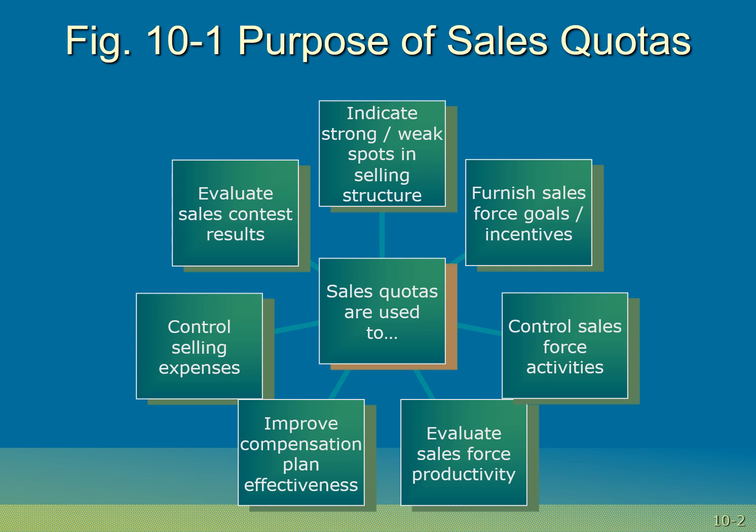Your company performance may be strong in one sector, one area, one industry, but weak in another area, region, or industry. The sales quota can indicate your strong and weak spots, so as to devise a better quota to encourage more sales and more activities in those weak spots, so you can improve.